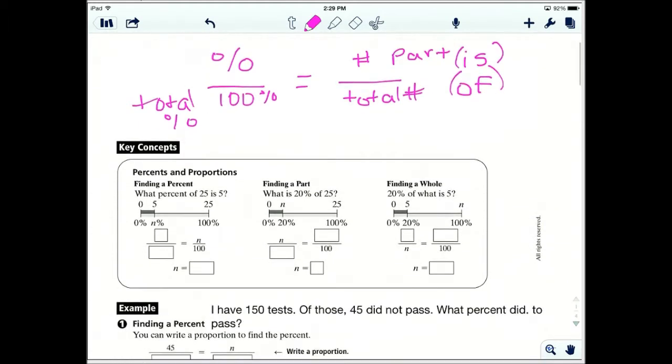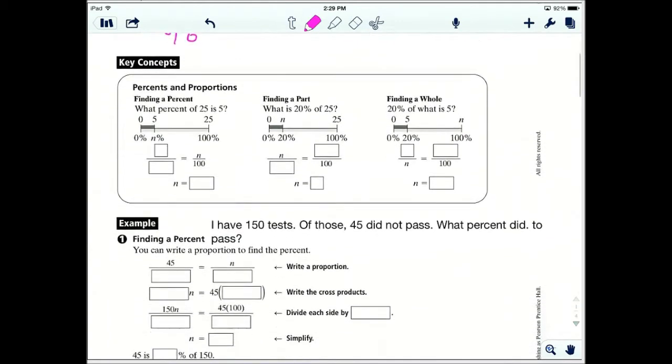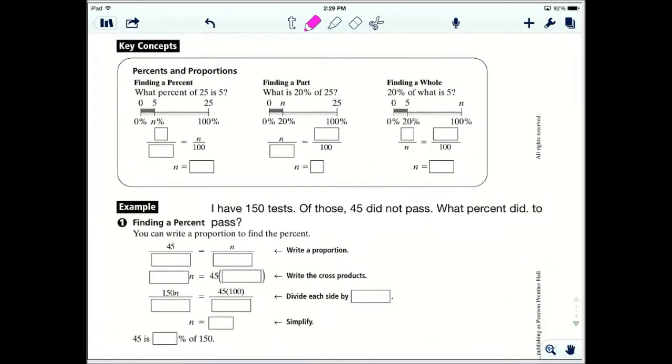Okay, let's go ahead and look at some of these key concepts that we need to understand. The first thing that it says is what percent of 25 is 5. And if you notice, they're showing you in a picture what we're talking about. So the whole is 100. We want to know what percent of 25 is 5.